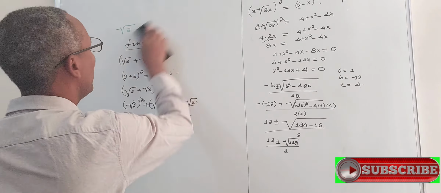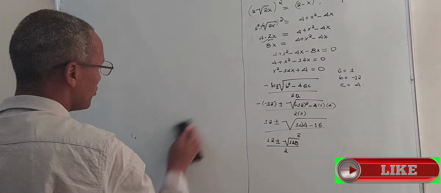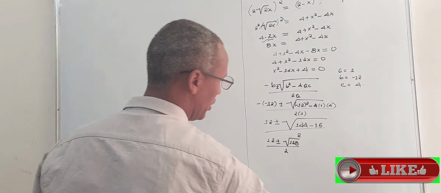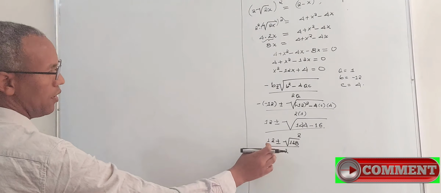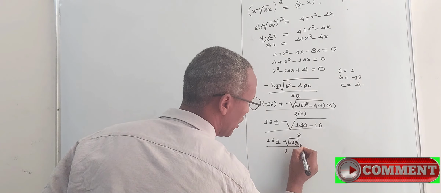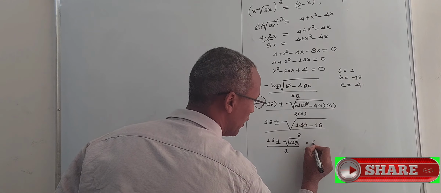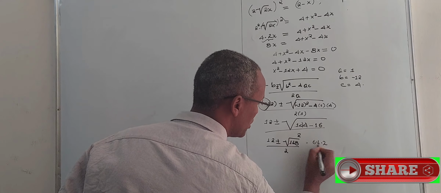Now, as you know, 128 means 64 multiplied with 2, right?